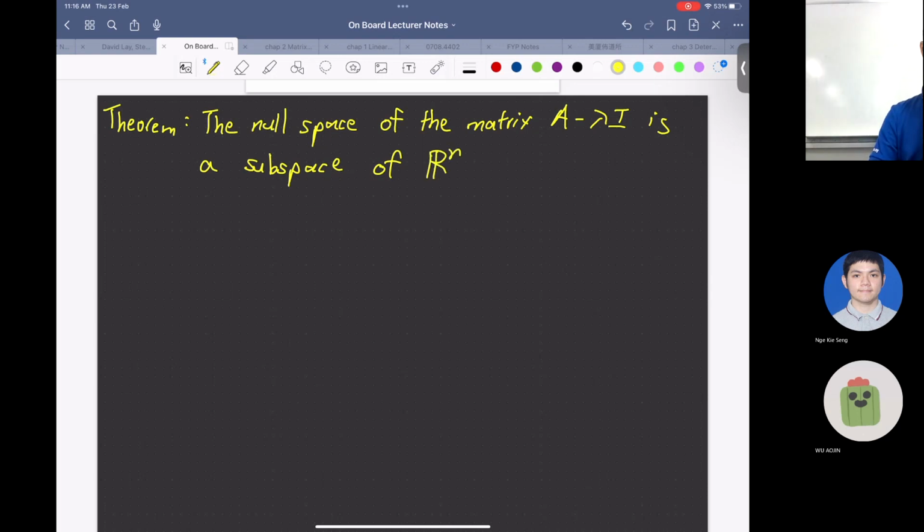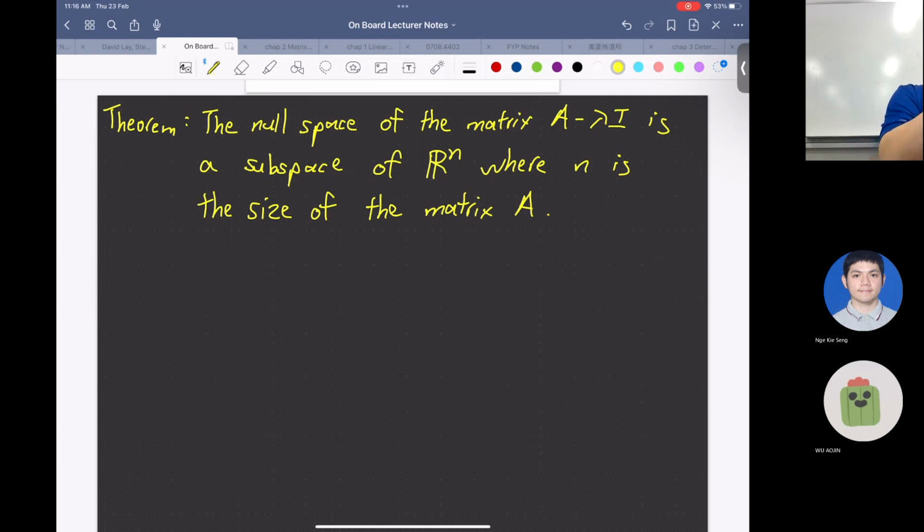Subspace of Rn, where n is the size of the matrix A. Okay, A is an n by n matrix, so size n, because for the null space you need to have A multiply on the vector, and then you get 0.